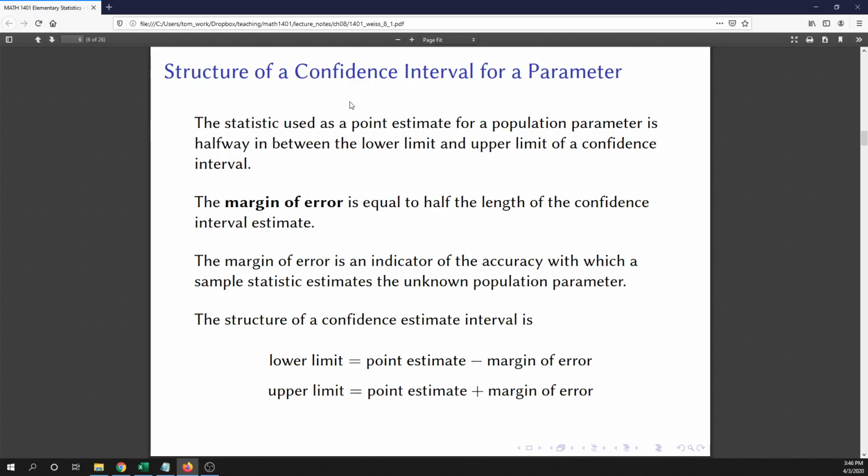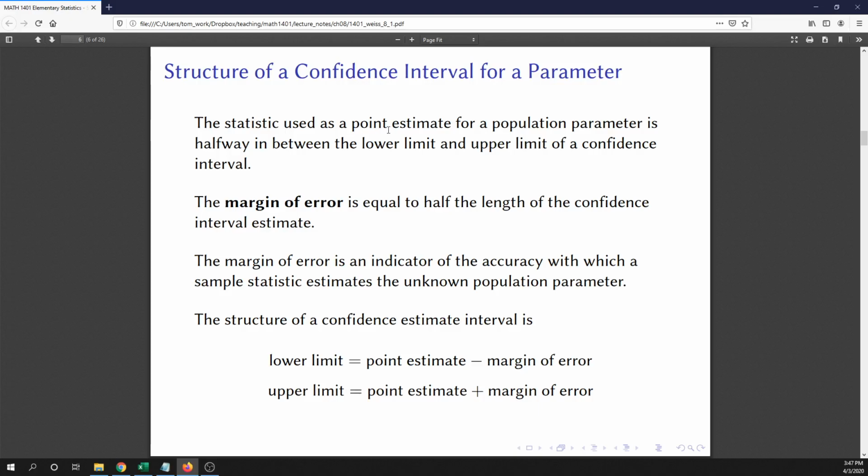Now I want to construct a confidence interval for a parameter. The structure of these confidence intervals is, number one, that the statistic used as a point estimate for a population parameter is going to be halfway in between the lower limit and upper limit of the confidence interval. So we will start off with a statistic that comes from a sample, and we're going to use that to generate a confidence interval for the population parameter. That confidence interval consists of a lower limit and an upper limit, like we saw in the previous slide.